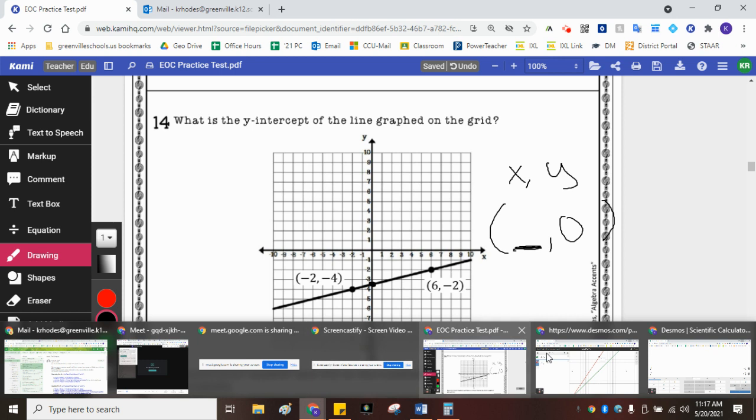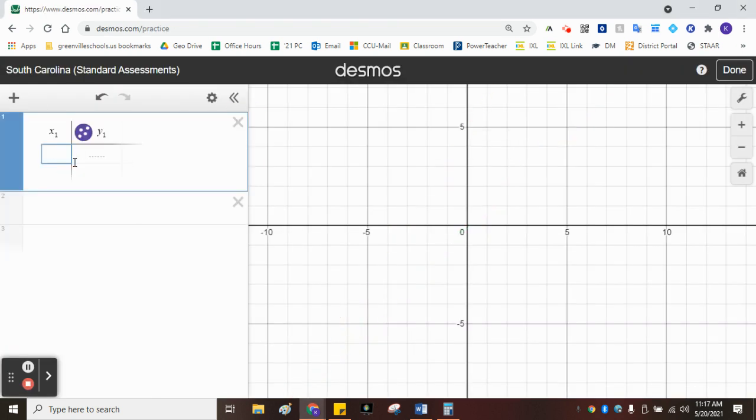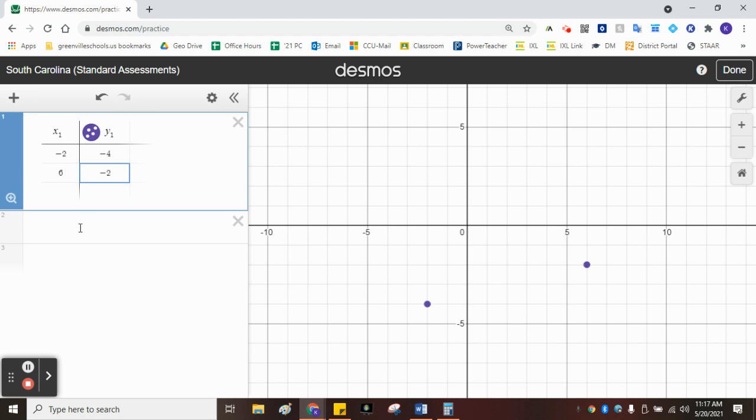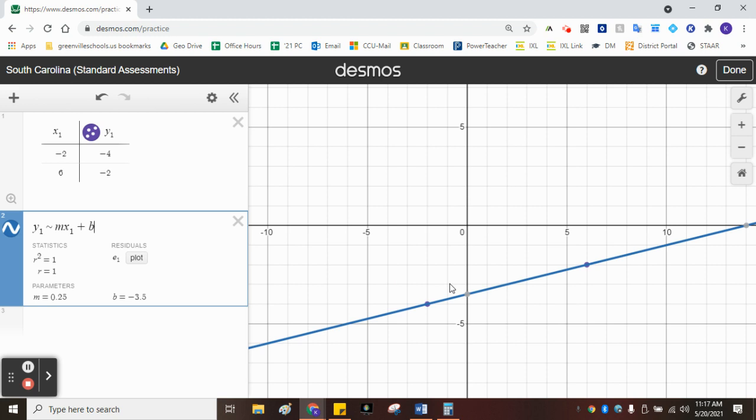So if I were you, I'd put those 2 points in a table. What are my 2 points? If your y1 is approximately mx1 plus b, there's your line, 0, -3.5.